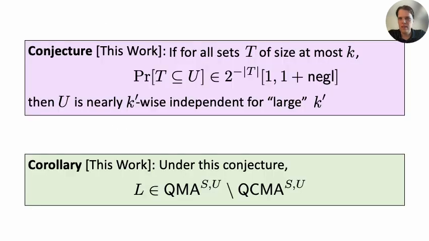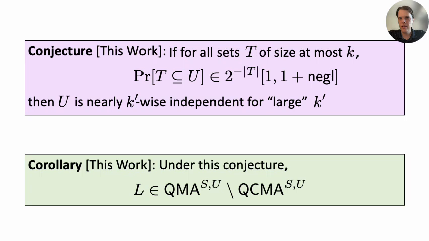And so this leads to the statistical conjecture we make, which asks the following: for all sets T of size at most k, if the probability that T is contained in U is very tightly constrained relative to 2 to the minus size of T, the conjecture states that this condition is enough to actually conclude that U is nearly k-prime-wise independent for some large k prime.